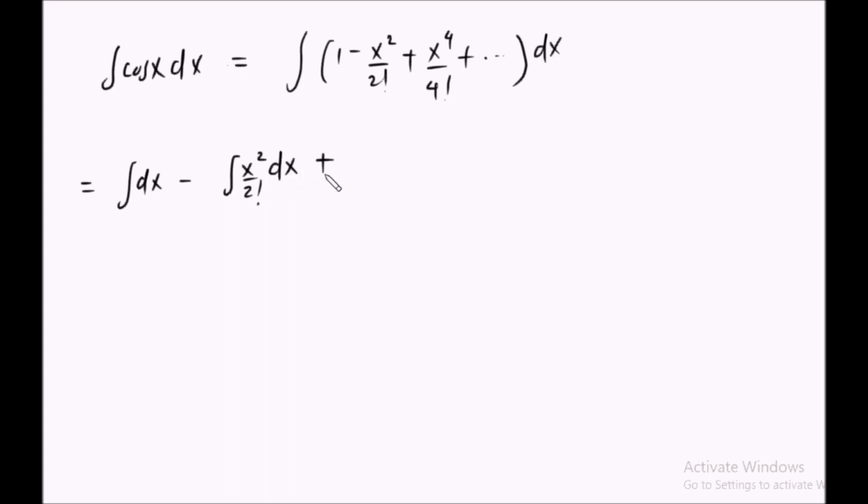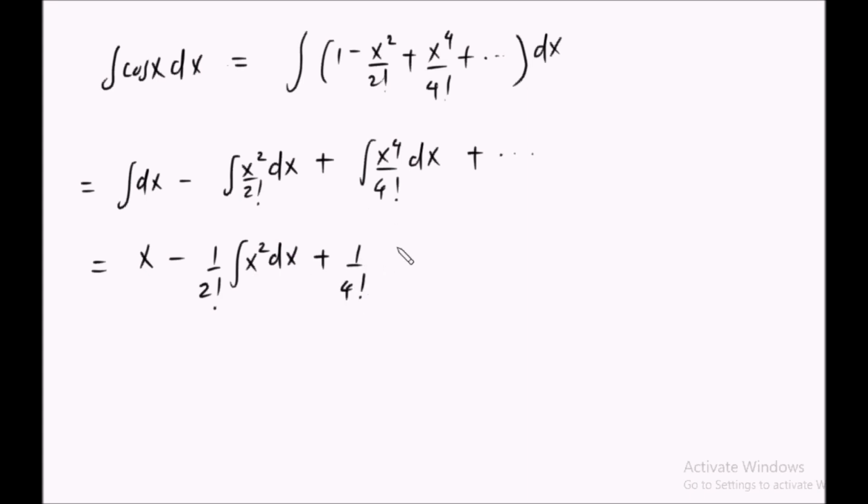You know the integration of a simple polynomial expression, then x power 4 over 4 factorial, okay, and it continues. So integrating dx I get x. This is a constant anyway, let's take it out first. Becomes like this. And this 4 factorial is also a constant. Becomes like this. So this only becomes x minus 1 over 2 factorial.